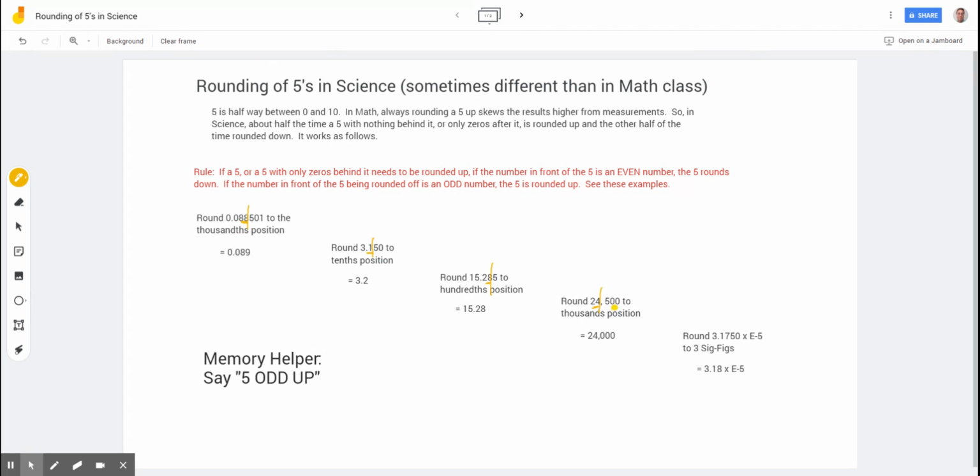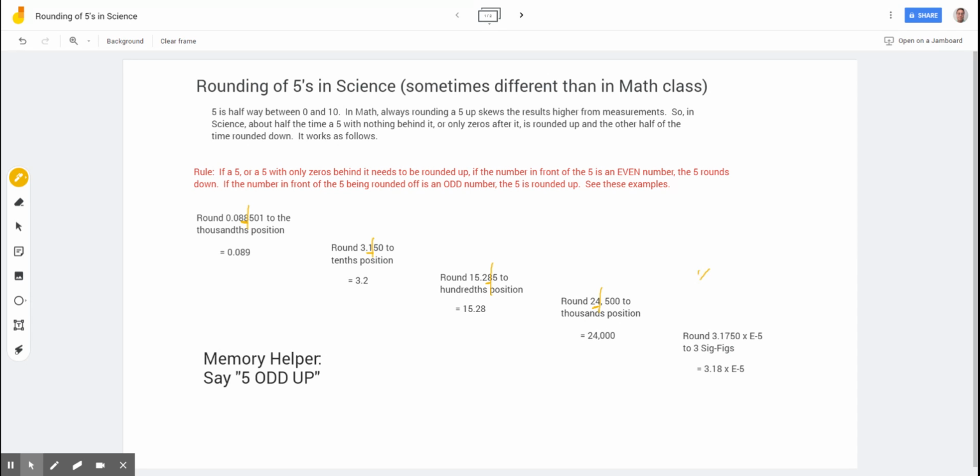Well, that fits the special rounding rule in science. So now I look in front of the 500 and I see a 4. Well, that's an even number. Again, I do not round up. I leave it as a 4. So we get 24,000. And our last example is written in scientific notation.